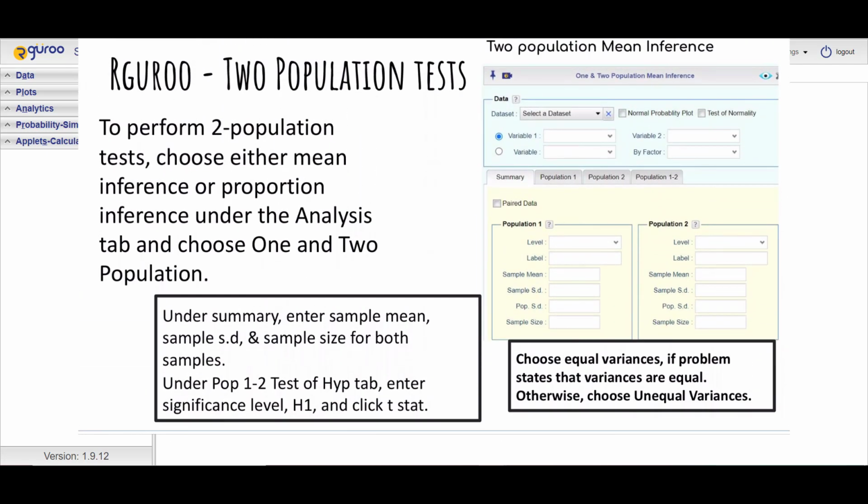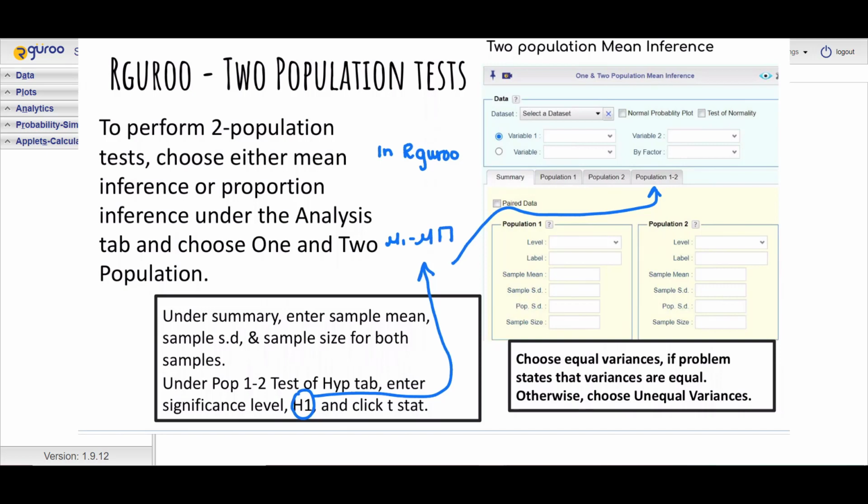The other thing I wanted to let you know is for H1 in Rguroo, it's on this page here, population 1-2. It'll say mu1 minus mu2.